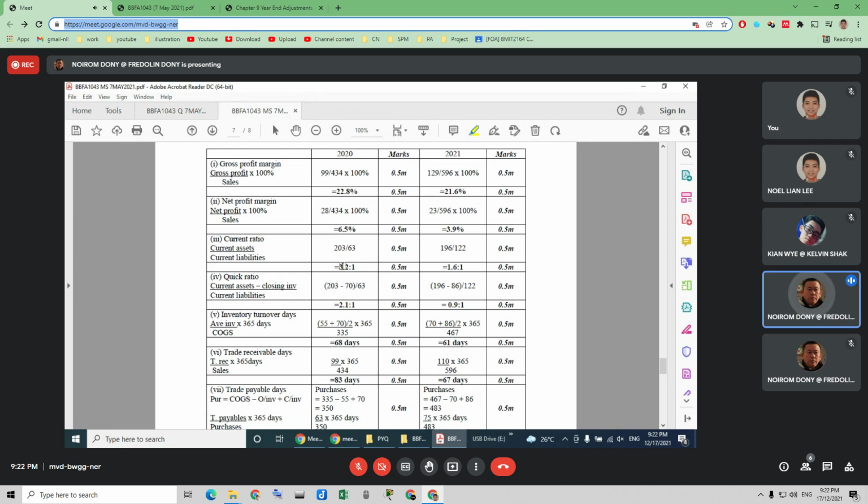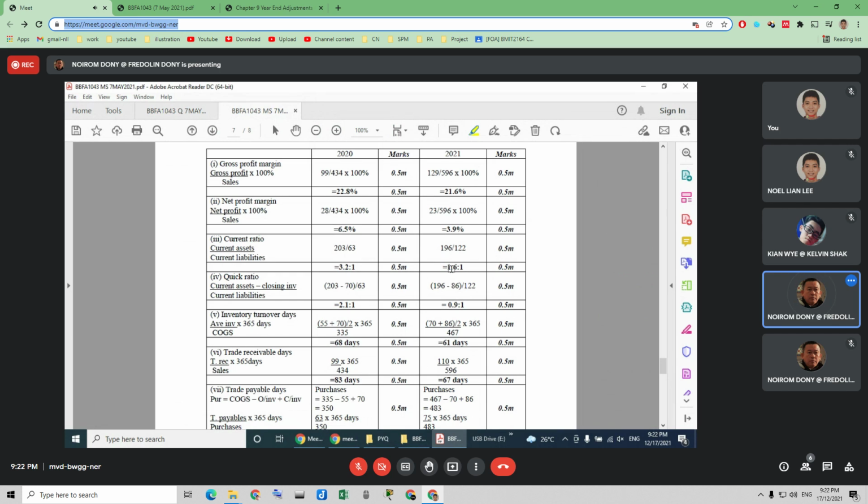A decline in current ratio, probably because the current asset dropped from 3.2 to 1.6. But still they can cover current liability. So it's still not indicating any liquidity problem.